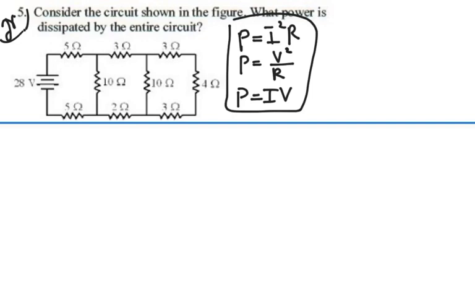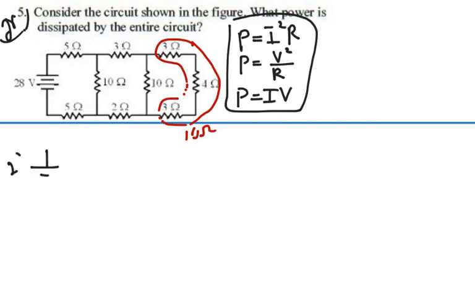Let's simplify this circuit. We'll start with the series combination here on the end. We have a 3 plus a 4 plus a 3. That gives us 10 ohms. And now this circuit looks like this.